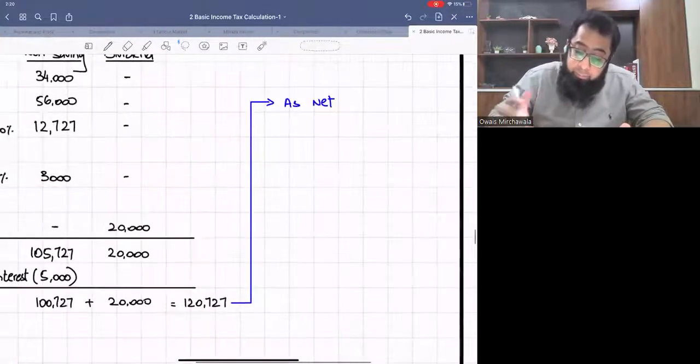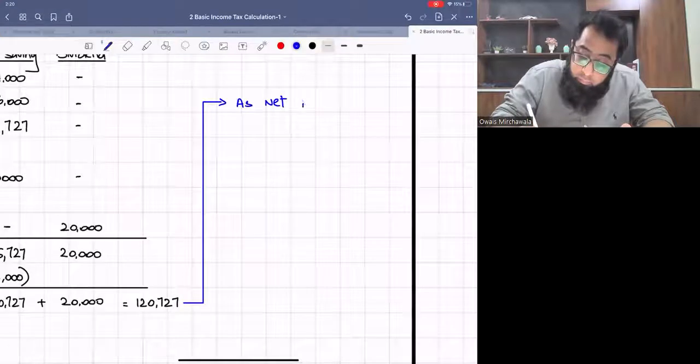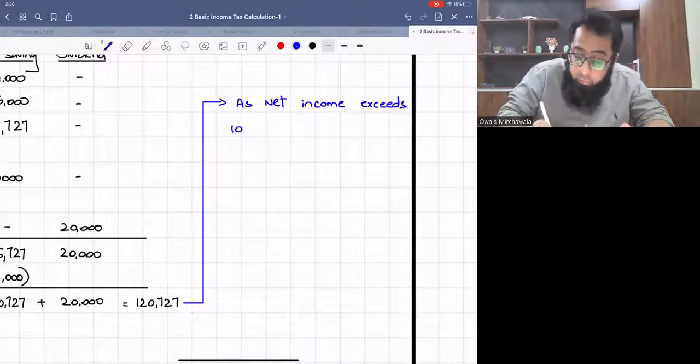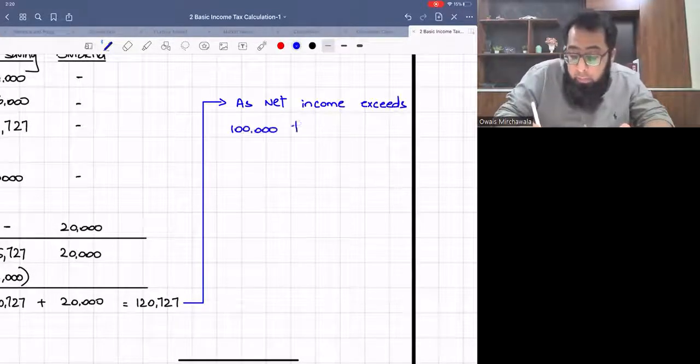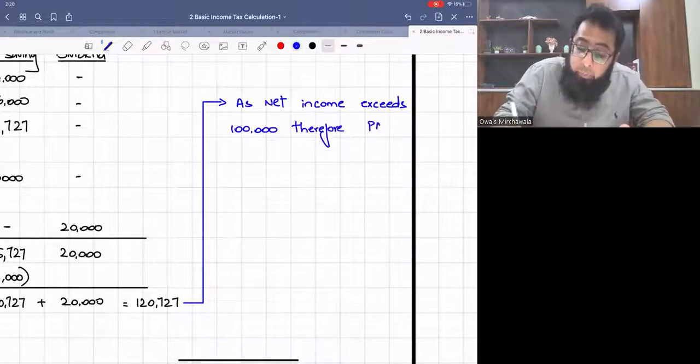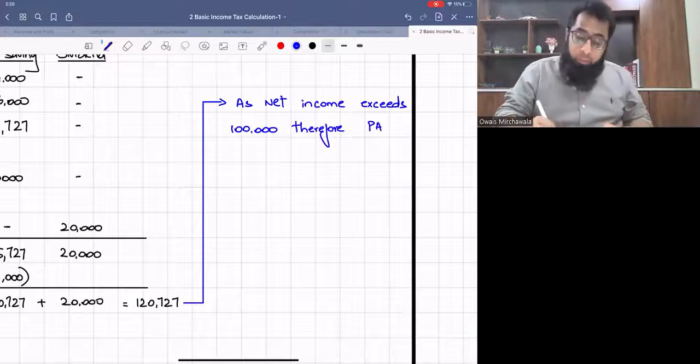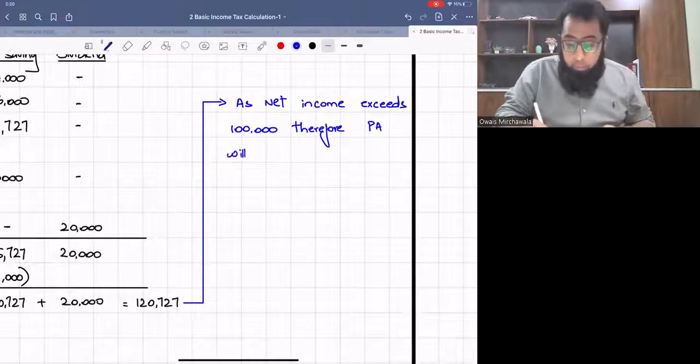As net income exceeds 100,000, therefore personal allowance will be reviewed. I will repeat it again so there is no need to worry. Will be reviewed.